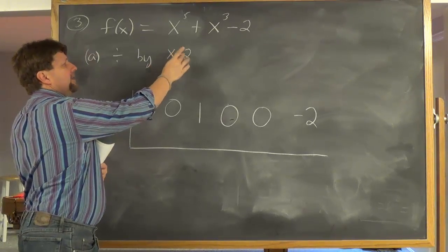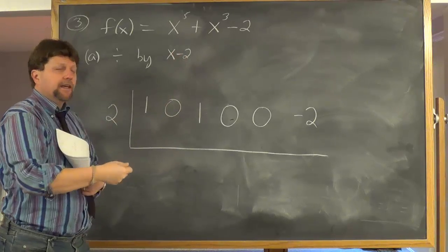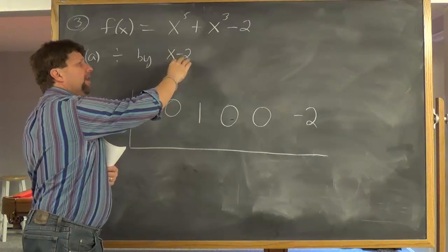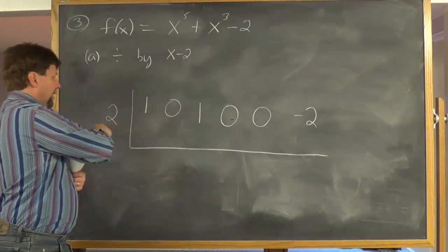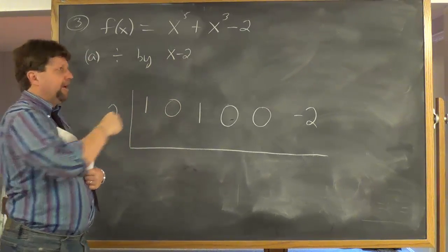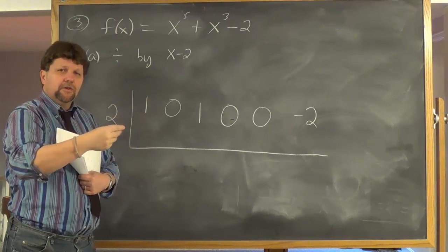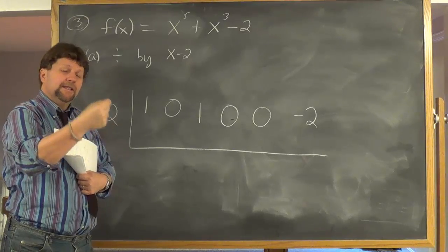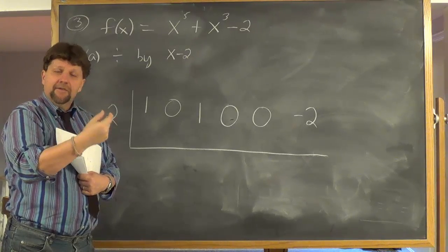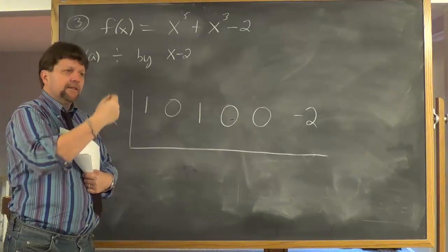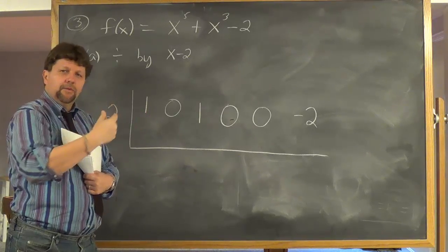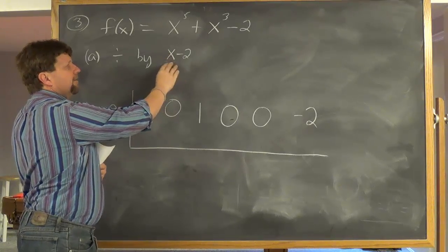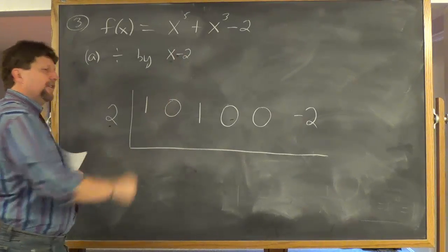If this had been x plus 2, then I would have had a negative 2 here, because x minus negative 2 would give you an x plus 2. But for this one, it was nicely set up as x minus c, so I have a 2 here.